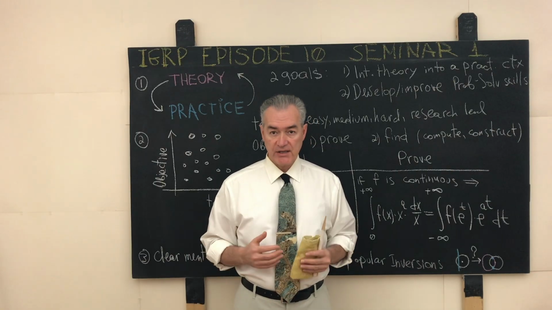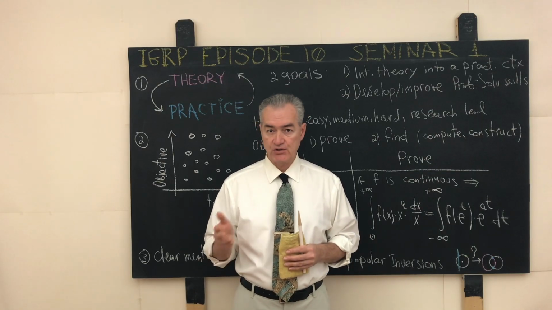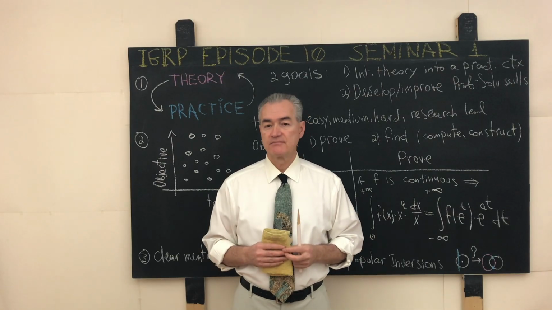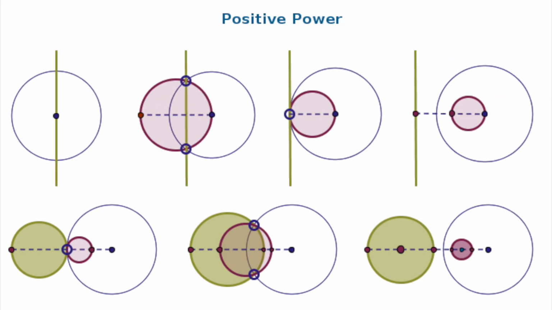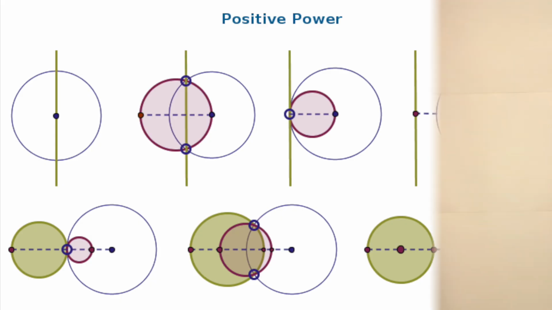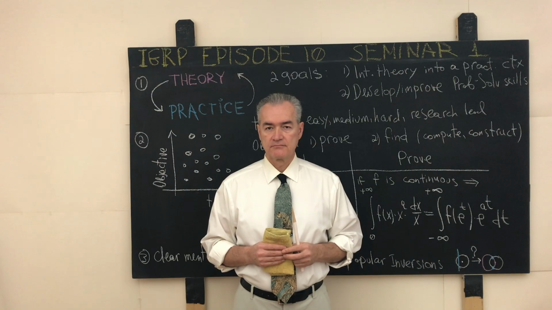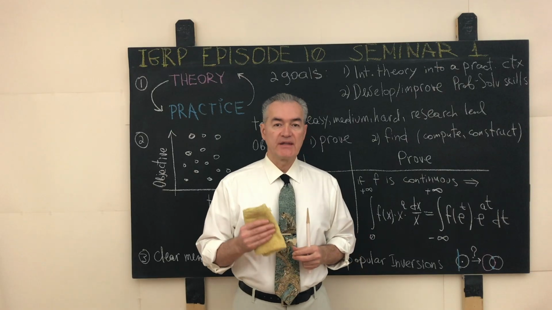But what I mean here by popular inversions are the inversions of straight lines and circles when the power of inversion is positive, and when the power of inversion is negative.